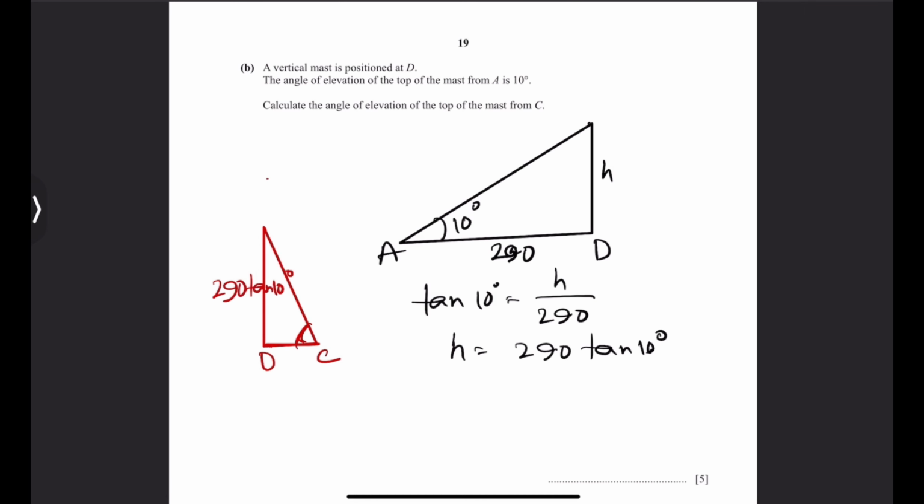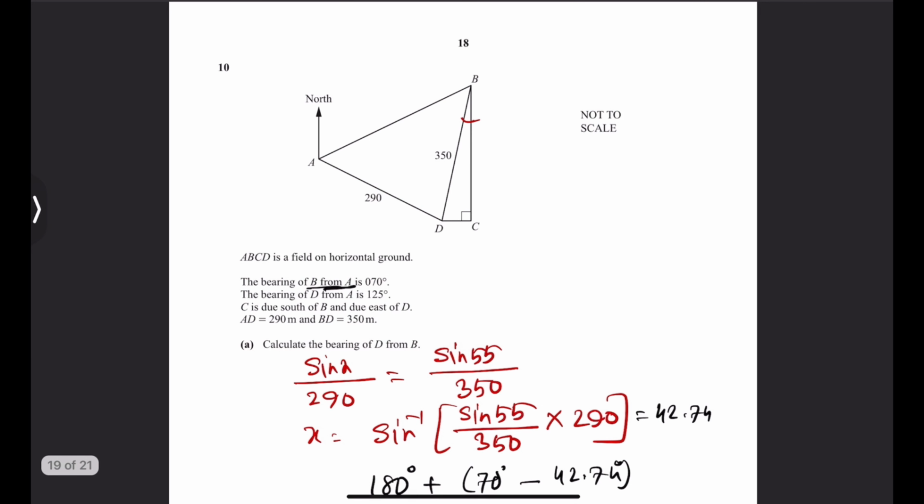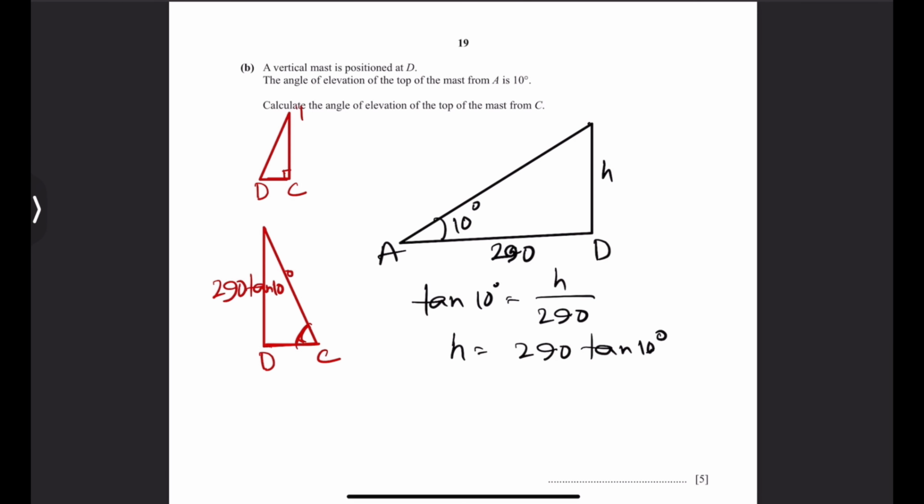This is DC and this is B. We have already got this angle.